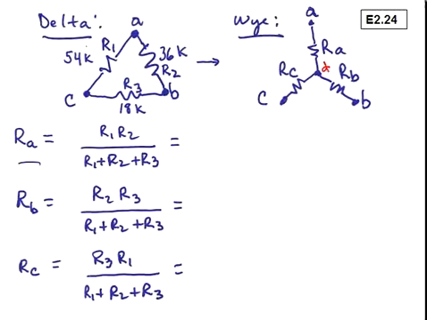So RA is given as the product of R1 times R2 divided by the sum of the three resistors in the delta. This is 54K times 36K divided by 54 plus 36 plus 18, which is equal to 18K.